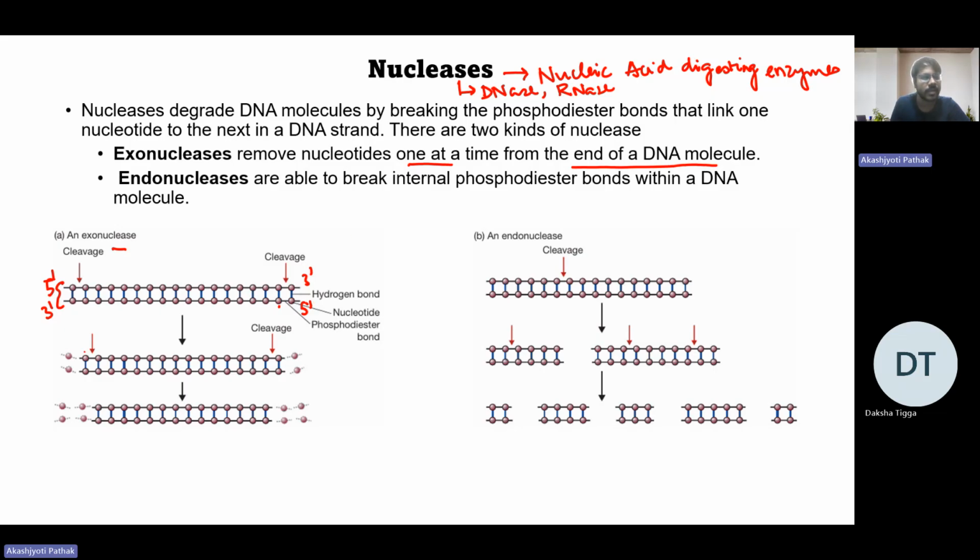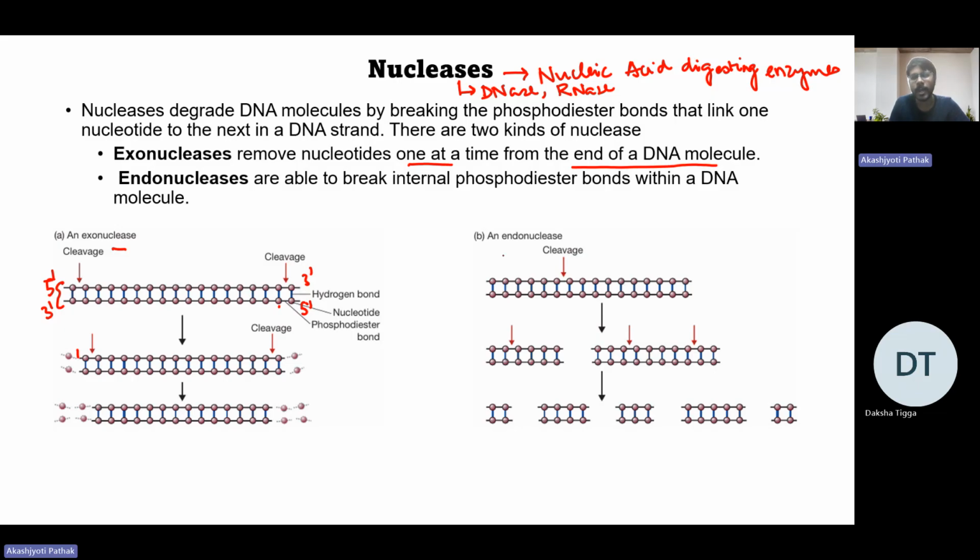So from the end of the DNA molecule, your nucleotides are getting removed. And how are they getting removed? Due to the action of this enzyme exonuclease, which is breaking the phosphodiester bond towards the end of the DNA.